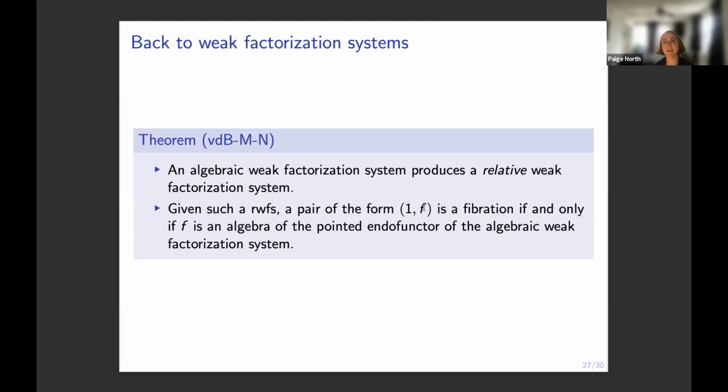Okay, this is quite nice in some sense, because the composable pairs which are fibrations of the form 1F correspond to right maps in our original weak factorization system. But it's also a little bit unsatisfying, because I'm talking here about algebras for the pointed endofunctor, not algebras for the monad. And this is very interesting to me, kind of unsatisfying, but also strange and interesting, because we're doing something very algebraic.